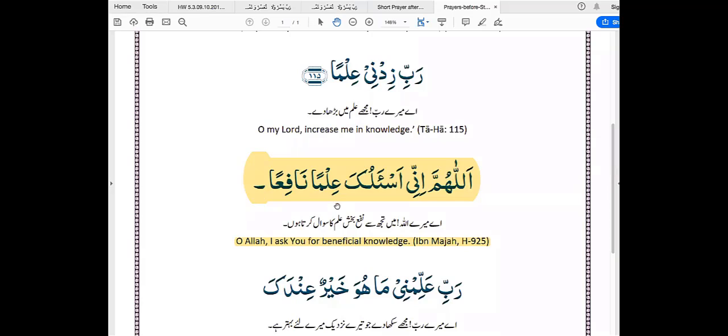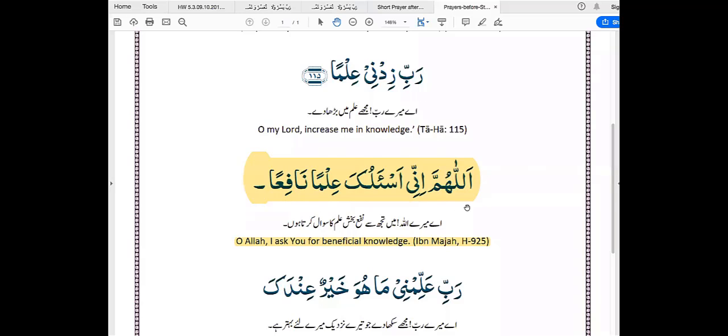Ilman nafi'a. Ilman nafi'a. Excellent. Very good effort.